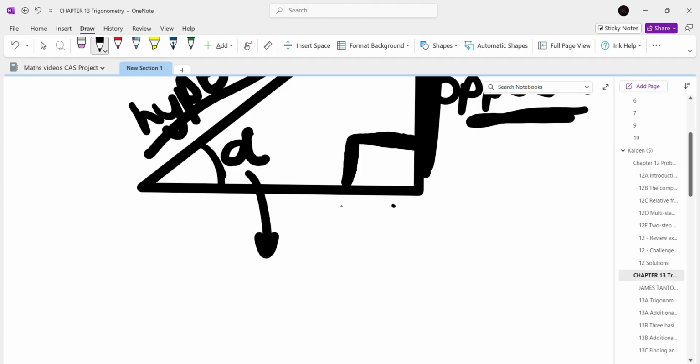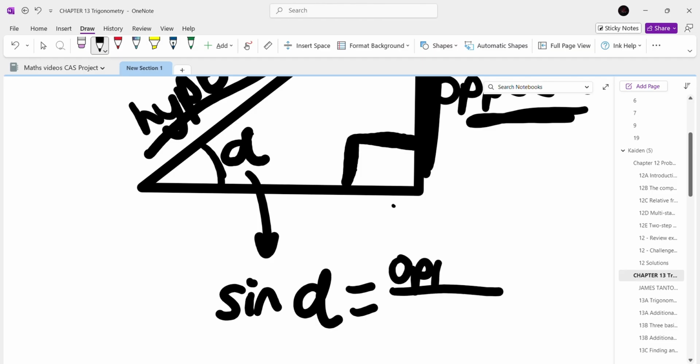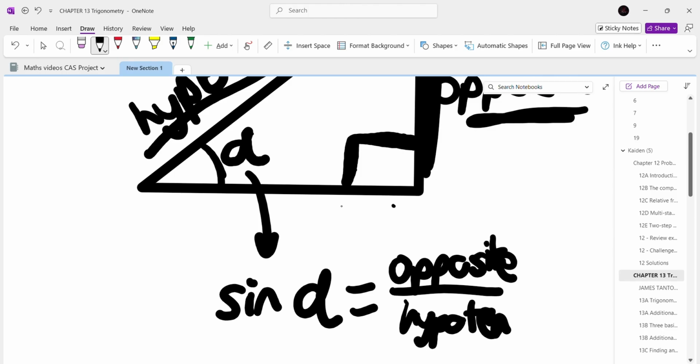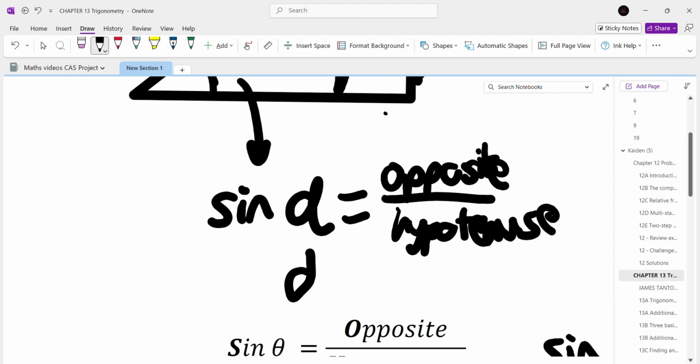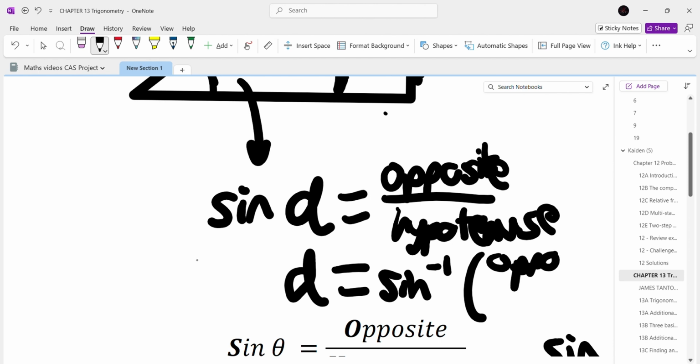So we got sine alpha equals the length of the opposite, sorry, over the length of the hypotenuse. And then all we need to do to find alpha is simply use the inverse trig function. So sine -1 of opposite over hypotenuse will give us our angle.